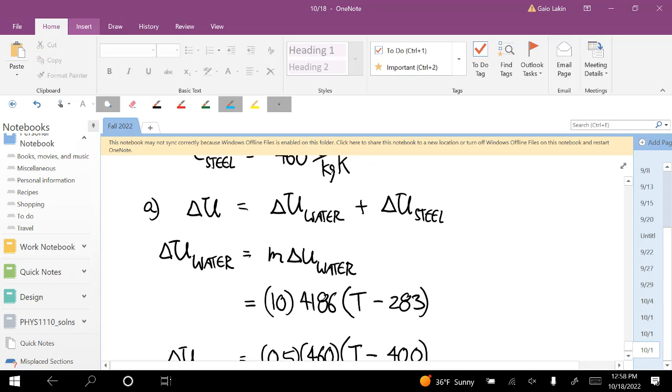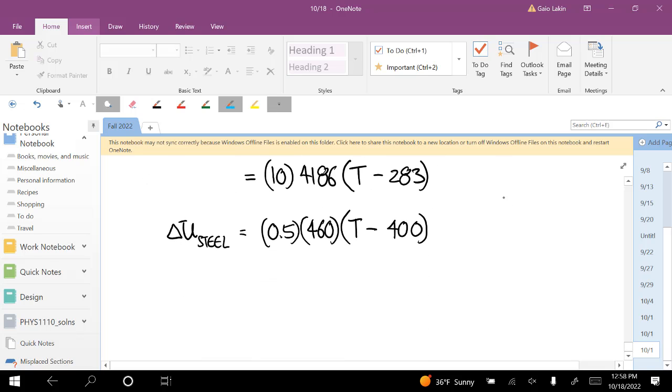And now since this is isolated, there's no transfer of energy, we know that this total change in internal energy is going to be 0. So we can add these two up and set them equal to 0.